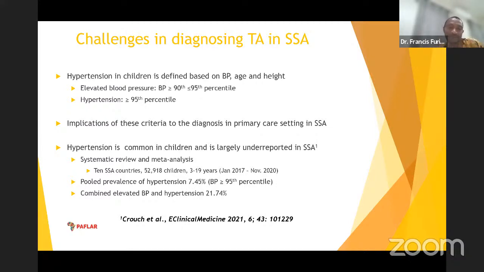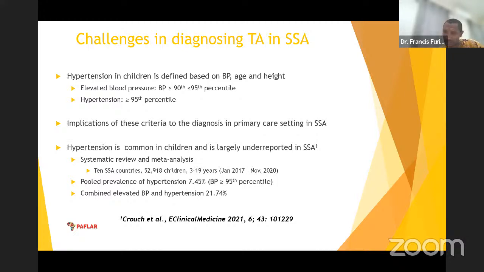Most facilities caring for children, particularly in sub-Saharan Africa, except for the big referral facilities and tertiary hospitals where patients present, lack these resources. In one meta-analysis in sub-Saharan Africa looking at hypertension in children, there were data from 10 countries with almost 52,000 children, aged 3 to 19 years.